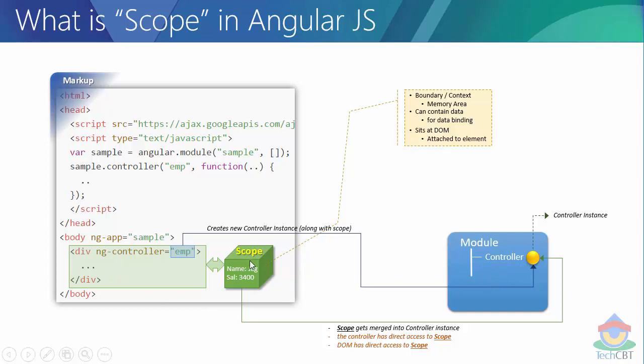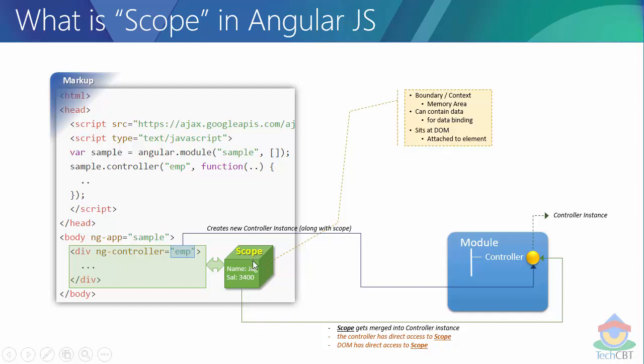Whenever I say glue, it is nothing but the mediator to exchange data between the view and the controller. If the controller instance wants to send any information to the view, it sends it through scope. Similarly, if the view wants to send information back to the controller instance, it sends it through scope.